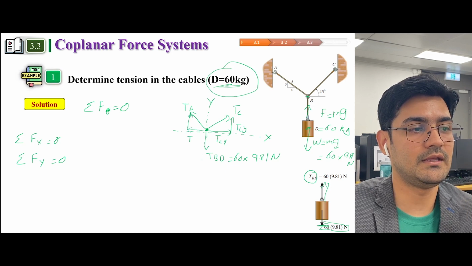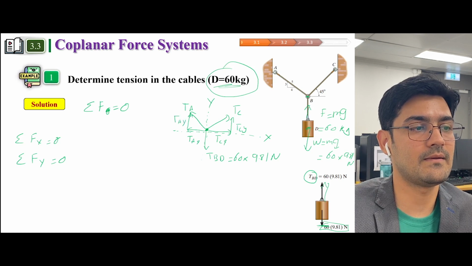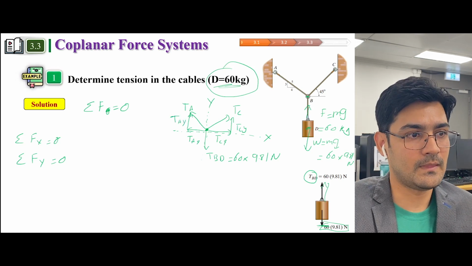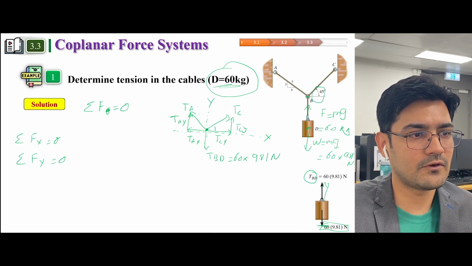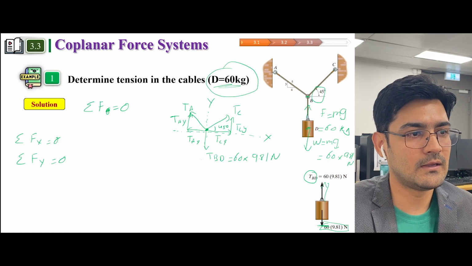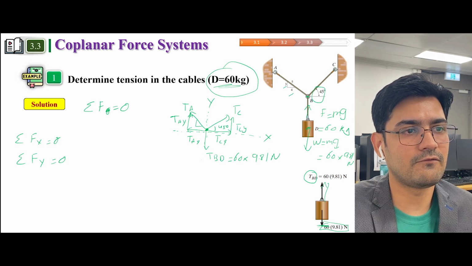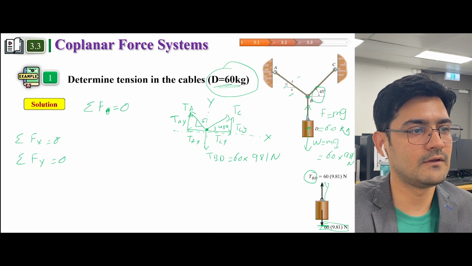This would be TAX, this would be TAY. Now we know that this is 45 degrees and this is 3, 4, 5. This is 5, this is 3, this is 4.